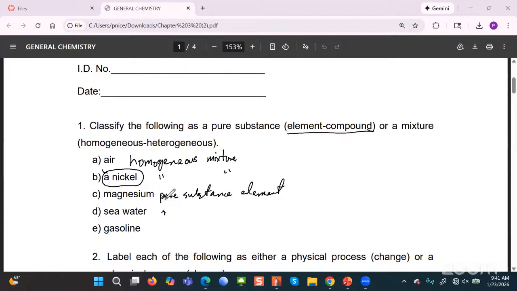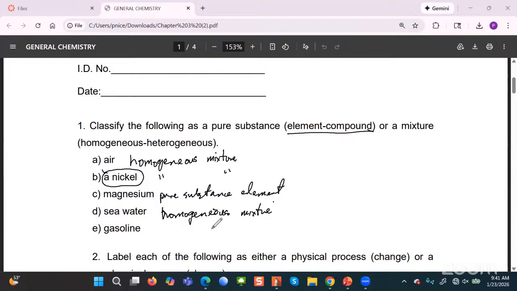It has salt and other substances in it. I'm thinking that if we assume it's seawater without any particles, like sand and so on, then it would be a homogeneous mixture. All right. And then we get to gasoline.